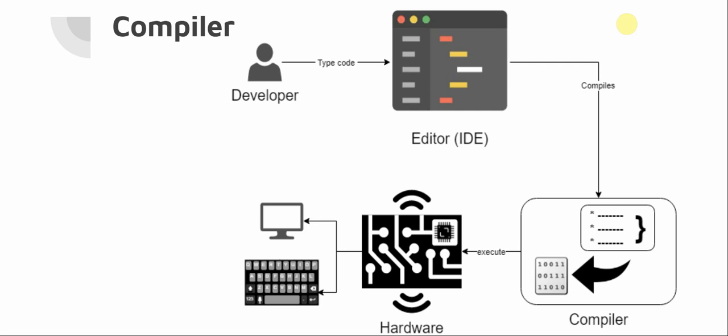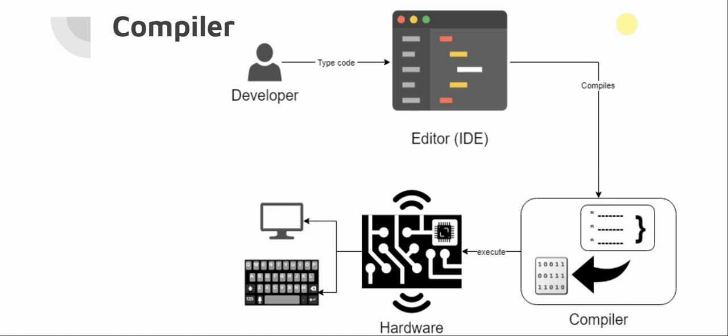So when the developer writes their code, the compiler reads that human readable code and transforms it to machine readable code so that a machine can read that code. And a machine only understands zeros and ones, and that's it.